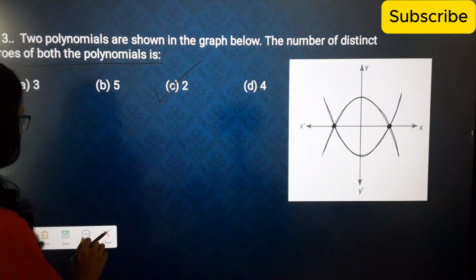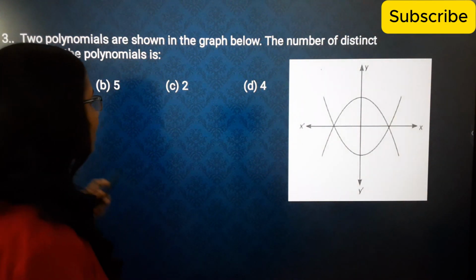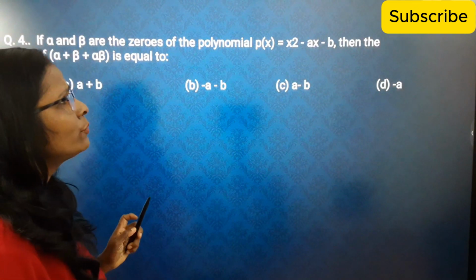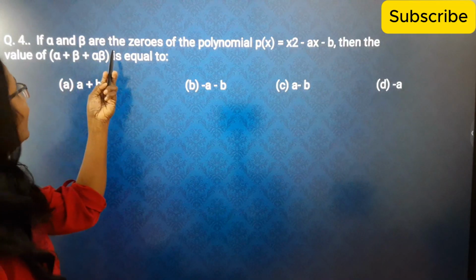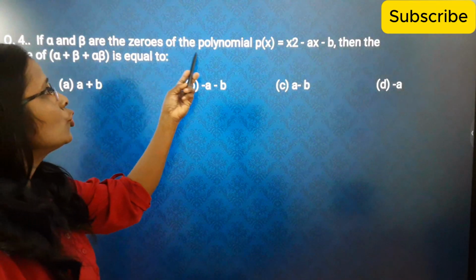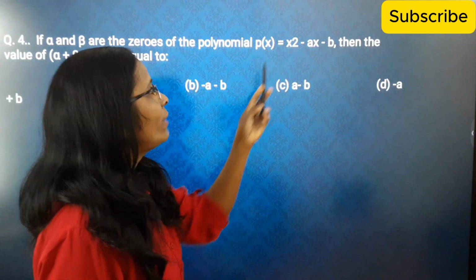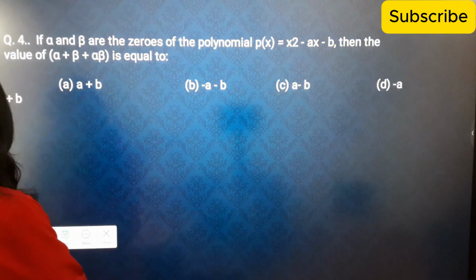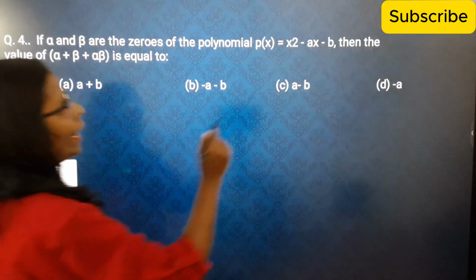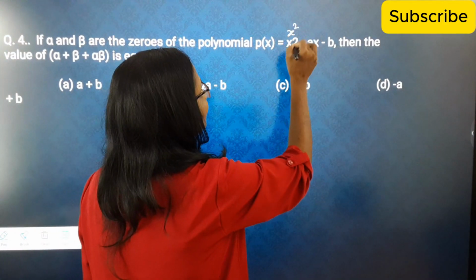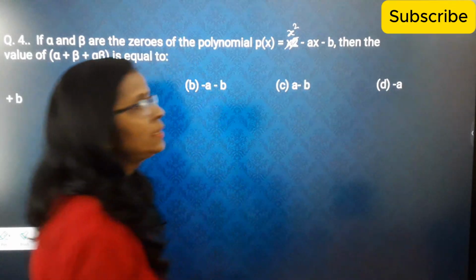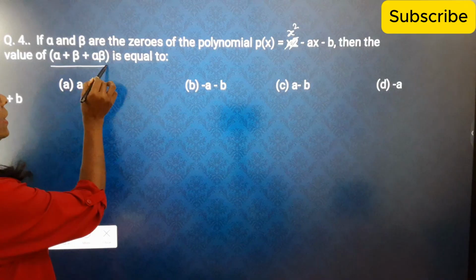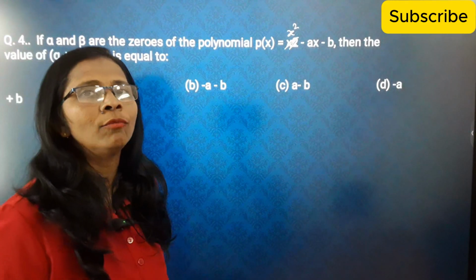Okay students, let us see the next example, the next MCQ. Fourth one: if alpha and beta are the zeros of the polynomial p of x is equal to x square minus ax minus b, then the value of alpha plus beta is equal to?